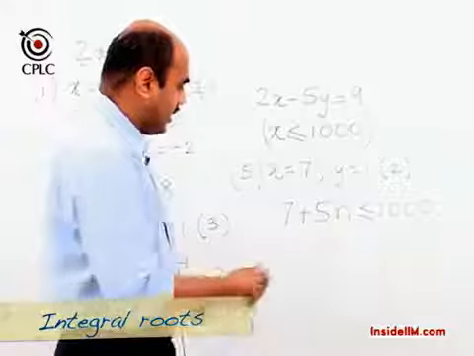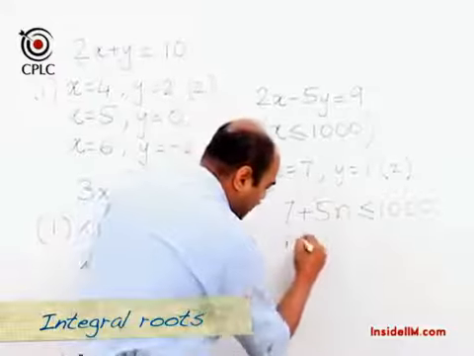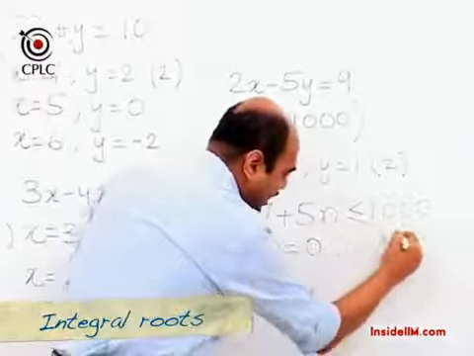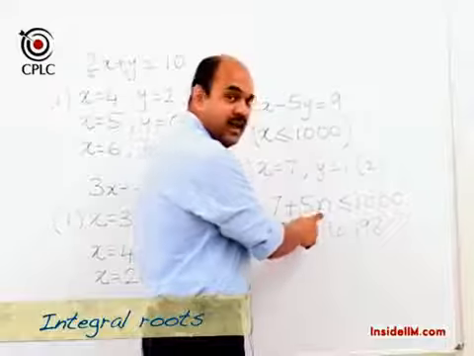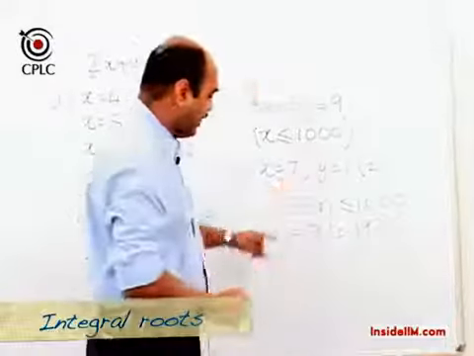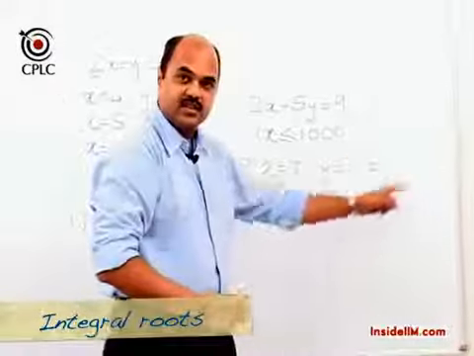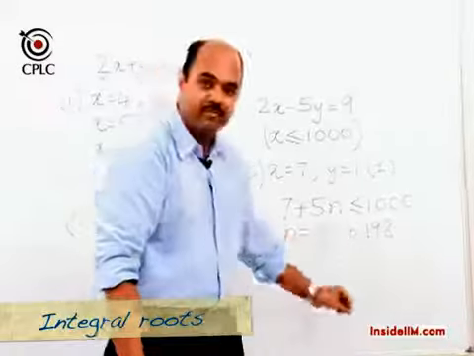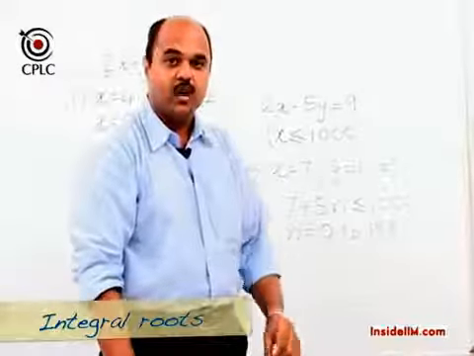Now if you actually calculate this, n can take any value from 0 to 198. One of the most common errors here is that students would find n as 198 and it would still satisfy this kind of inequation, and hence they would say that the number of possible solutions would be 198.